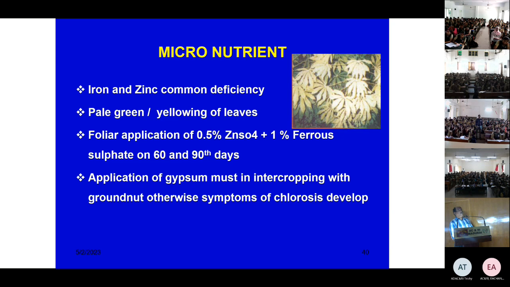And when we crop groundnut in the tapioca area, application of gypsum is a must, otherwise the symptoms of chlorosis develop. Next.